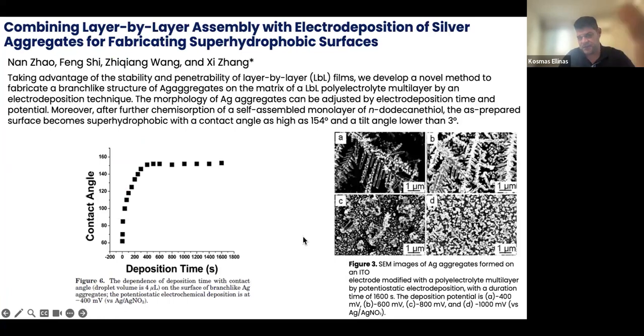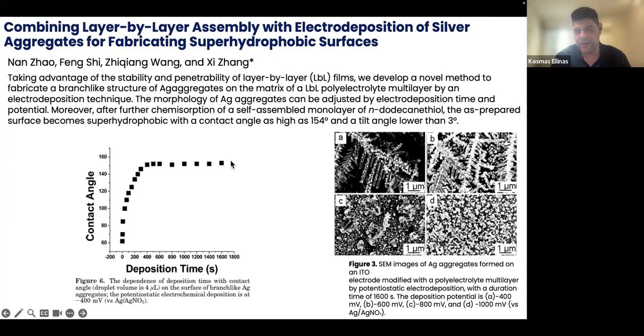Here it is again used. I have mainly used examples about superhydrophobic surfaces because they are one type of the functional surfaces we'll talk about in the second lecture next week. And here, by doing layer by layer films, they developed a branch-like structure of aggregates you can see here.